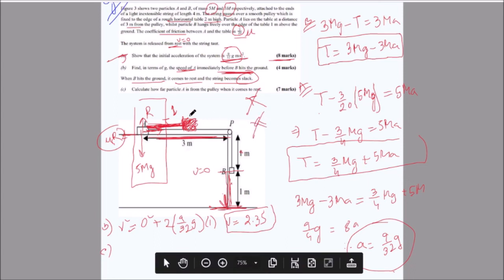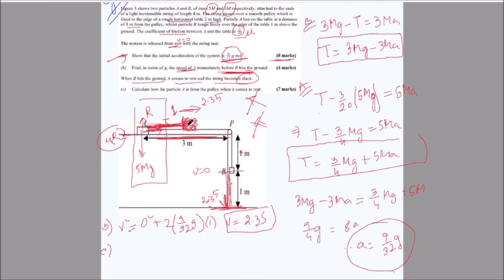But when B was moving with 2.35 while hitting the ground, A was also moving with the same speed, right? So A cannot just stop moving. It needs a certain amount of time to actually stop, because of inertia, and within that time it will cover a distance.